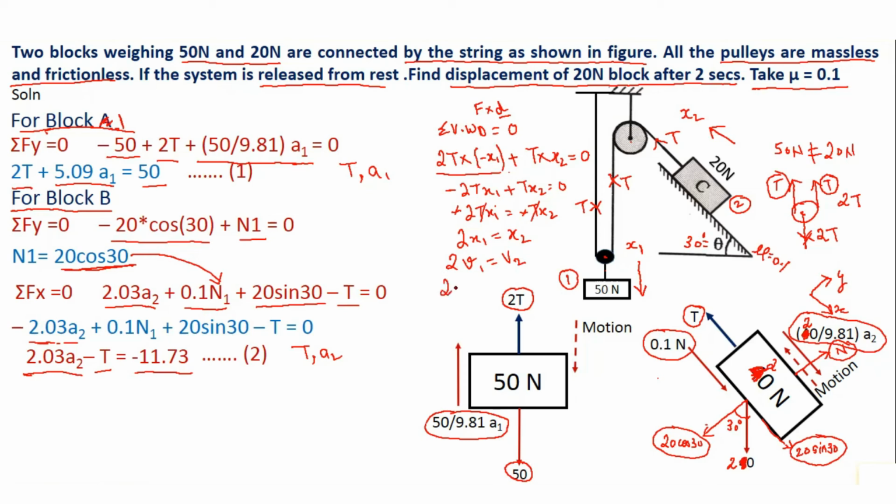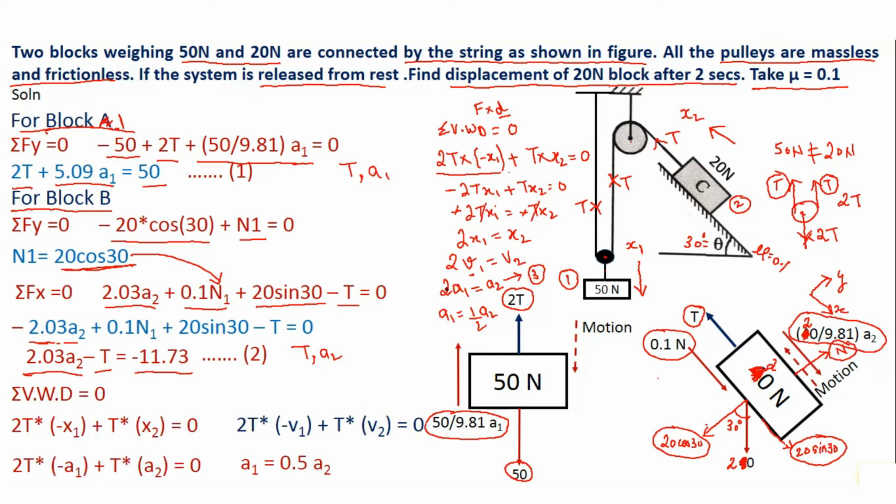So I will get 2a1, because derivative of velocity with respect to time is acceleration, is equal to a2. So I got relation between acceleration as 2a1 is equal to a2, or I can write a1 is equal to half times a2. So this is my third equation. So here also I have written it and I got the same answer as a1 is equal to 0.5 a2, and let this be equation number 3.